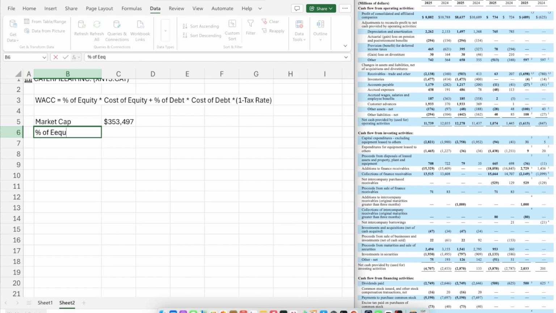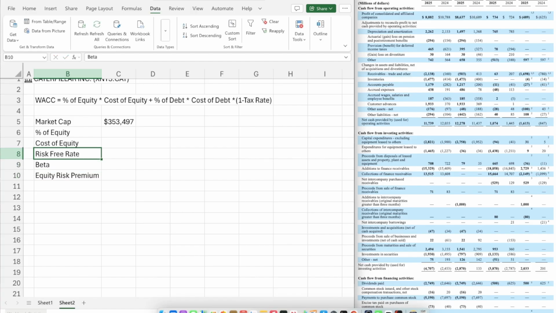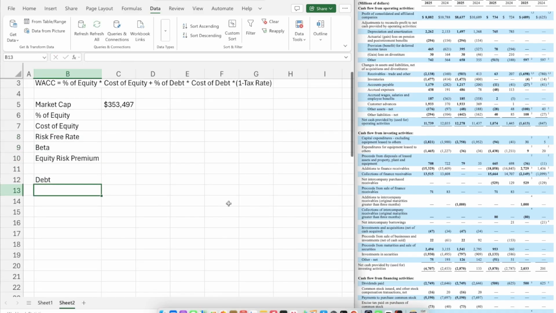Percentage of equity, we don't know yet. Cost of equity, again, we don't know, because it consists of the risk-free rate, the beta, and the equity risk premium. We know the risk-free rate is the US 10-year, but when we come to it, we'll do everything in one go rather than in small bits.